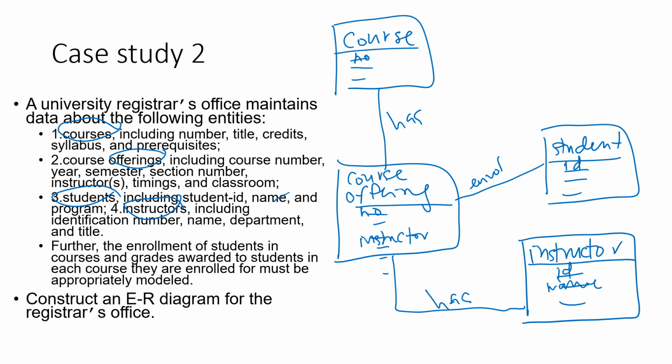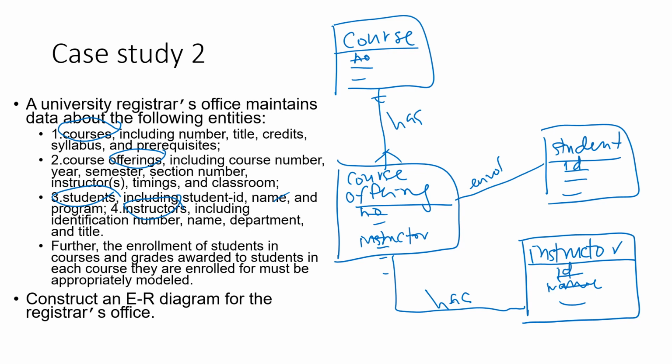The cardinality and participation are not mentioned, but you can just write it as common. Course has course offering. A course can have multiple course offerings based on the section.